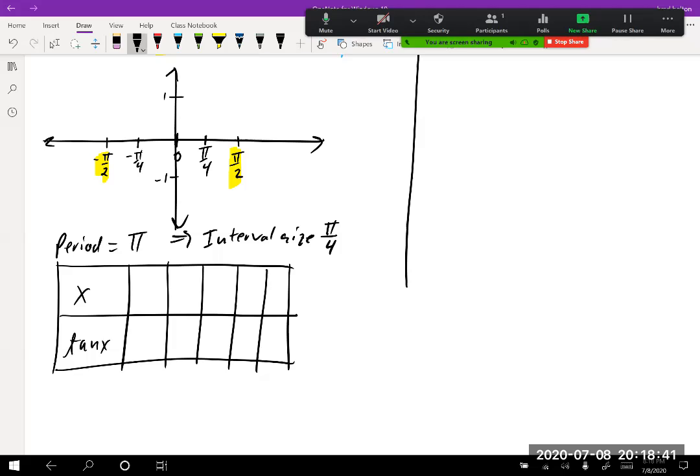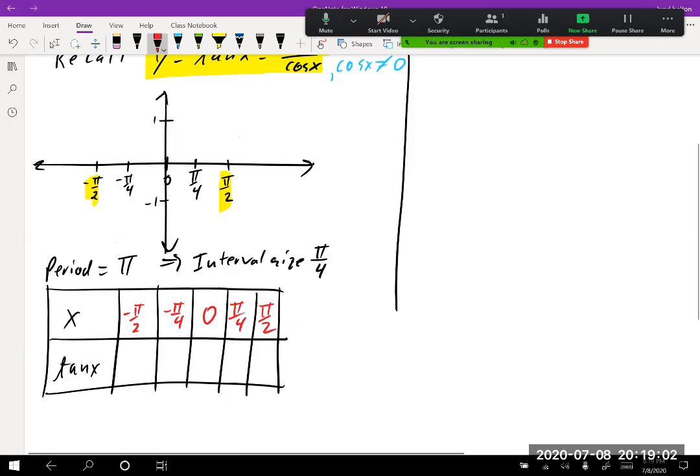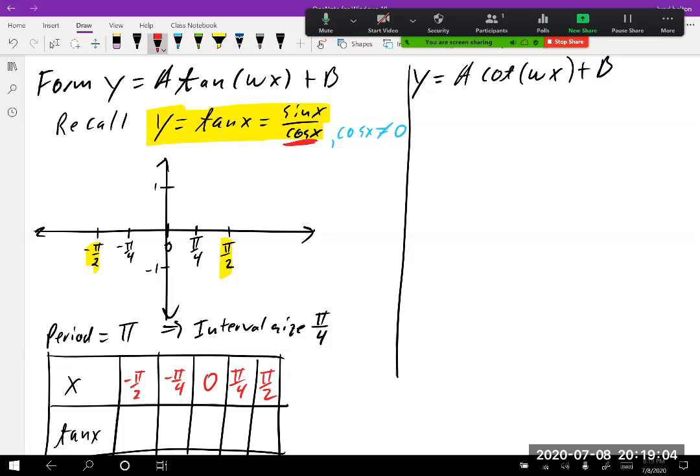So let's plug in some values here. Let's plug in negative pi halves, negative pi fourths, 0, pi fourths, and pi over 2, and see what happens at these values. When I plug negative pi halves into cosine, I would get 0. So that would mean undefined.